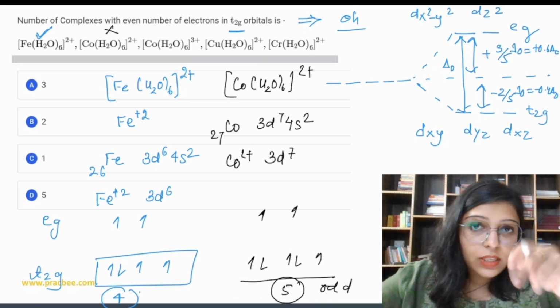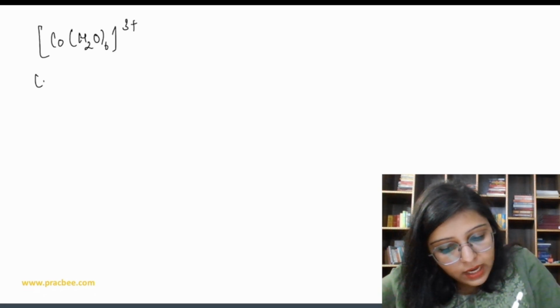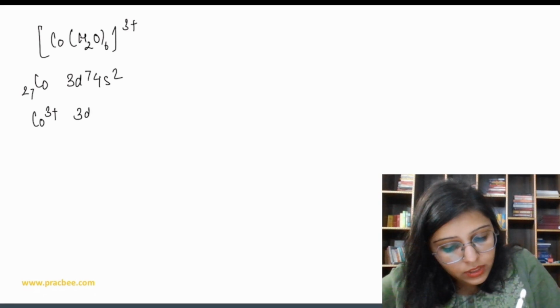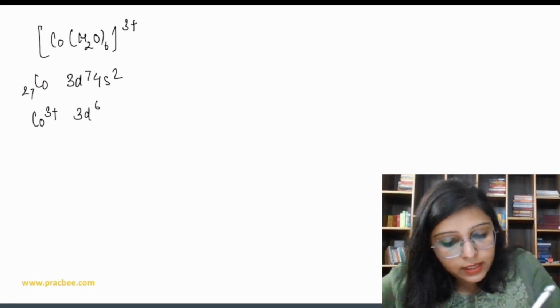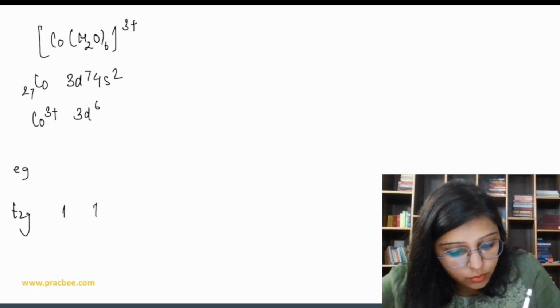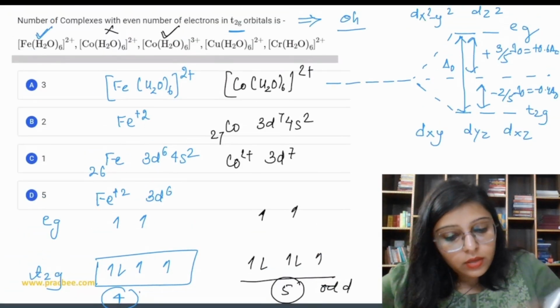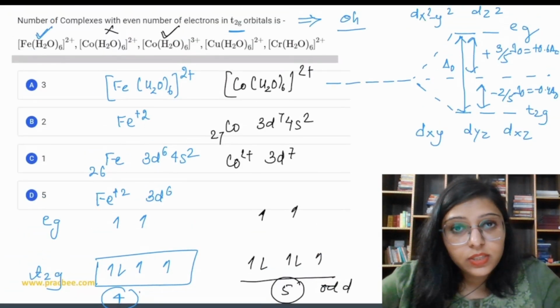Now we have to check [Co(H2O)6]3+. Cobalt 27 is 3d7 4s2. So Co3+ is going to be 3d6. We write t2g 1, 2, 3, 4, 5, 6. Here in t2g we have 4. So this is true.